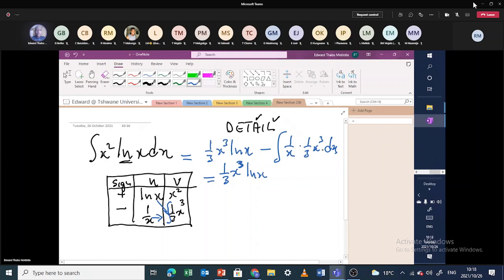We integrate x squared, which will give us 1 over 3. So we have minus 1 over 9 x to the power 3 plus c. Like I said, once you master this, you reduce the steps. Because I have done it before, I'll just write it directly.